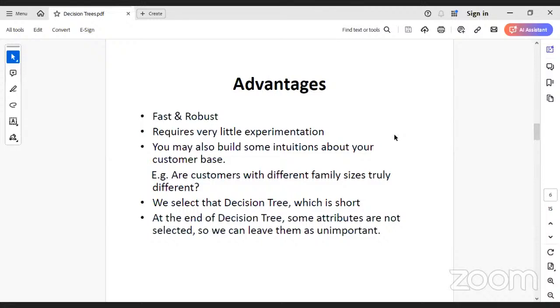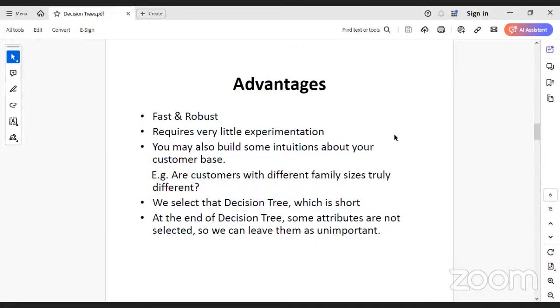So you don't spend much time on the remaining 28 independent attributes, because they don't add value at all. Please use only these 12 independent attributes. This is what the decision tree gives us. So these are the most beautiful advantages of using the decision tree.